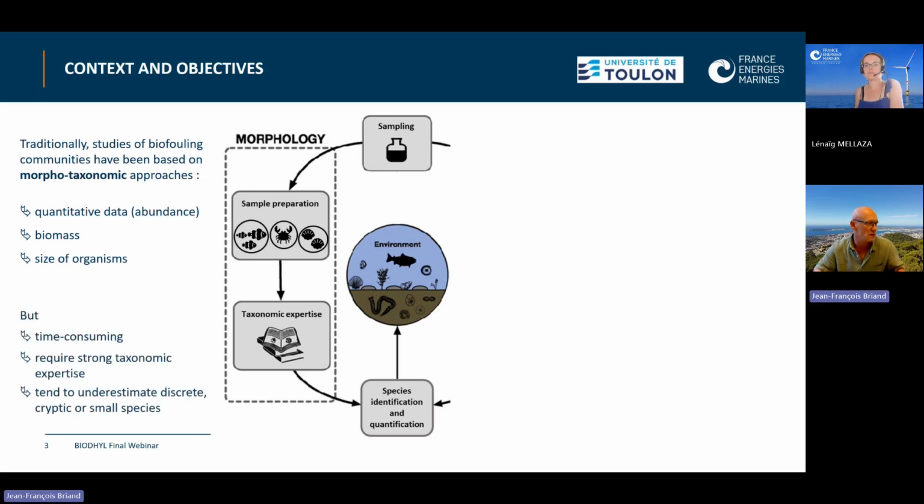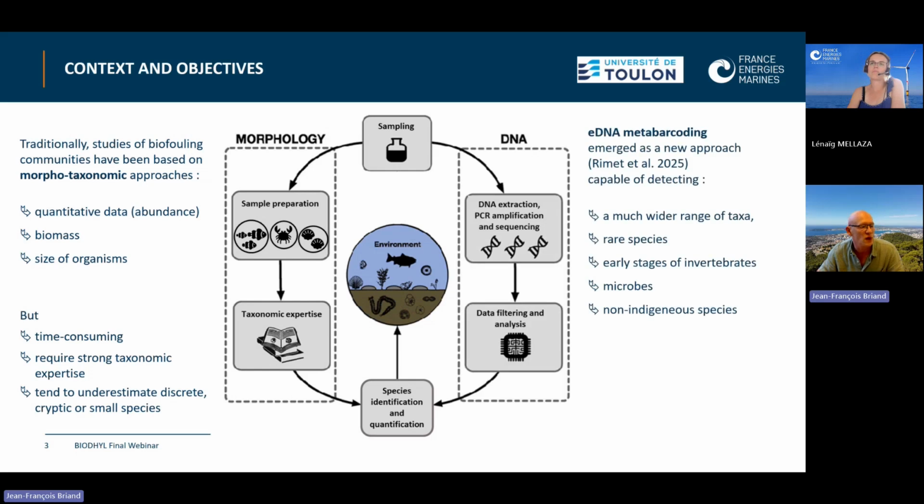But this approach is also time-consuming, requires strong taxonomic expertise, which is quite rare now, and tends to underestimate discrete, cryptic, or small species.